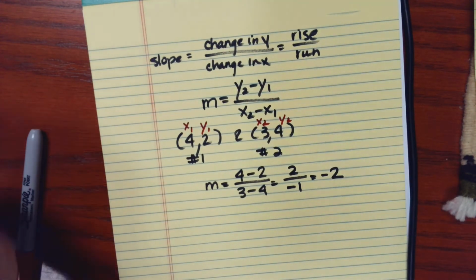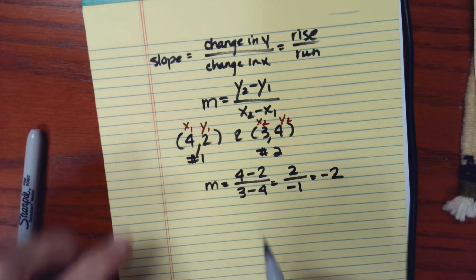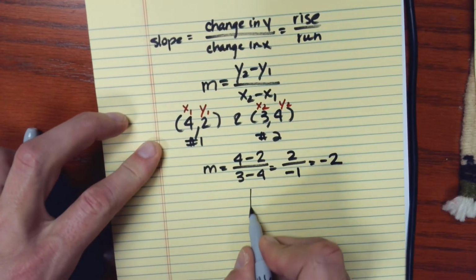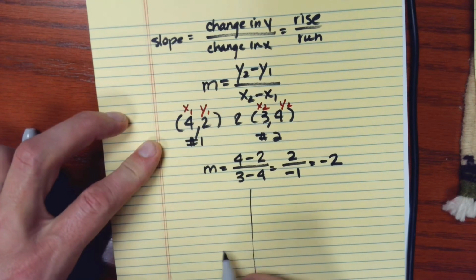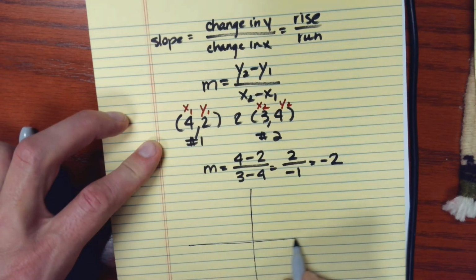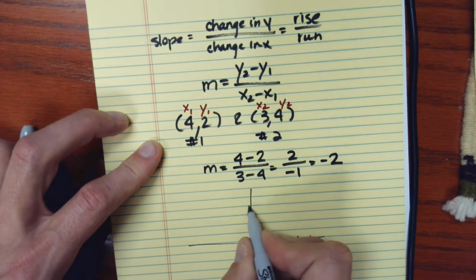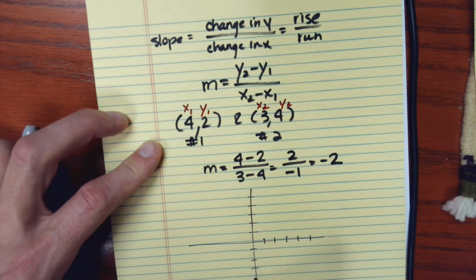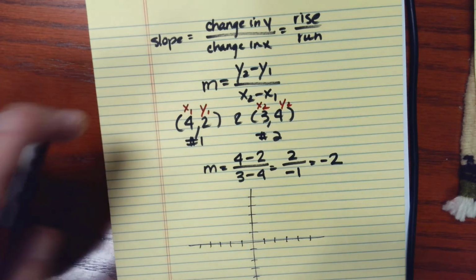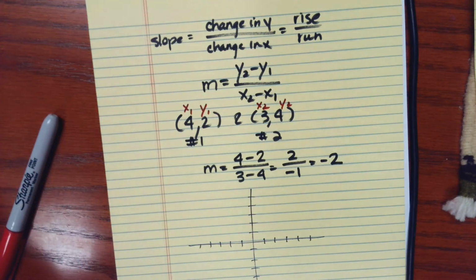Let's look at the graph of the line that goes through these points. So I'm going to draw another set of axes and make some marks here. My original points were (4, 2).